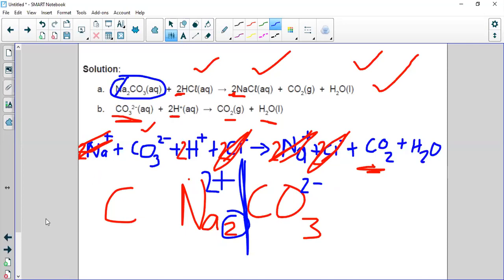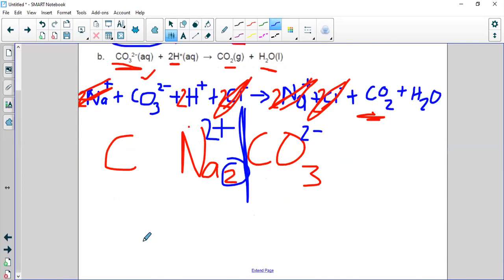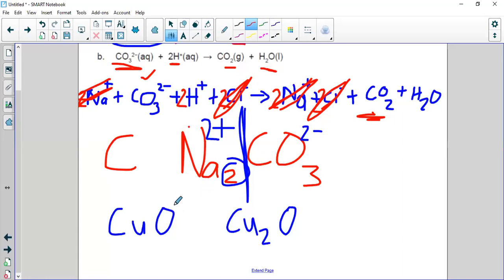But just be sure, because for example, if you're given copper oxide, CuO, and in another equation you're given Cu2O, actually the charge here is going to be different. How are you going to determine the charge here? You know oxygen is 2 minus because it's in group 16, it should be 2 minus.